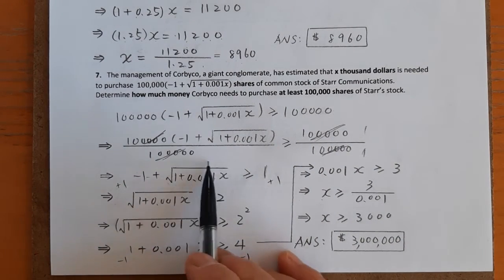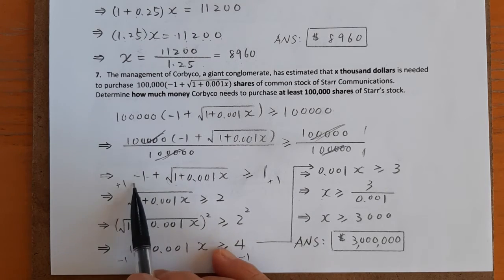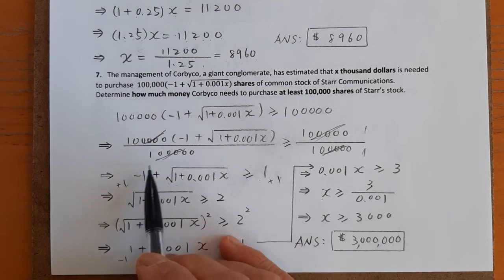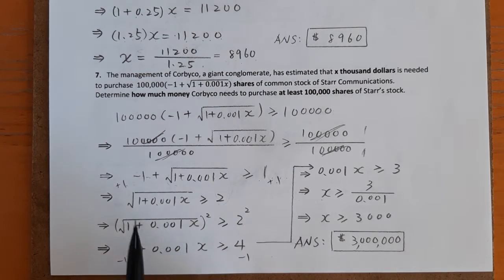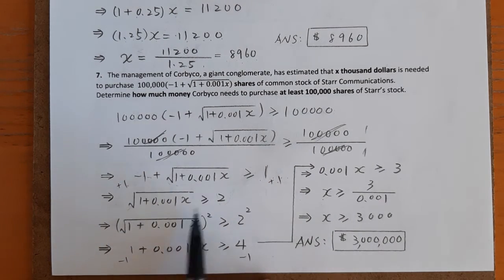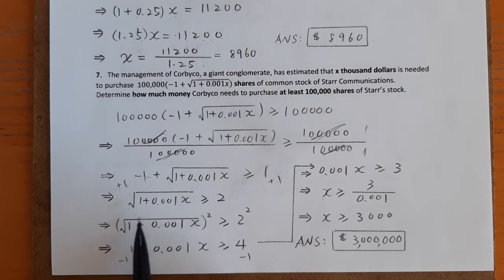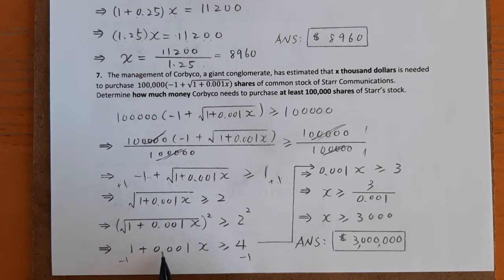Then we isolate this radical term, so you add 1 to both sides, moving the -1 to the right-hand side. Add 1 and it becomes 2. Then only the square root is on the left-hand side. You square both sides, which removes the radical, and 2 squared is 4, so we get 1 plus 0.001x greater than or equal to 4.